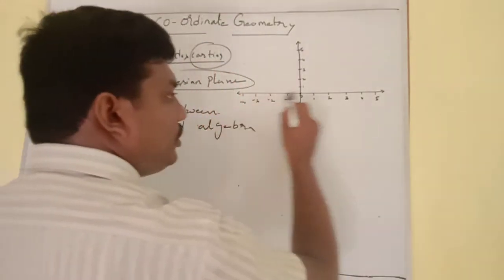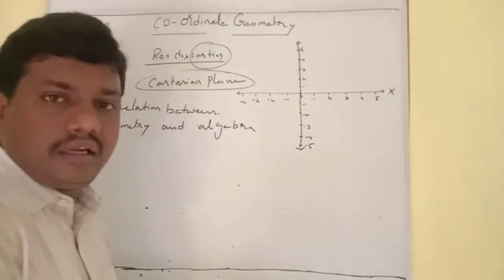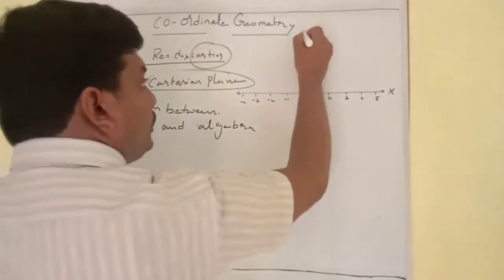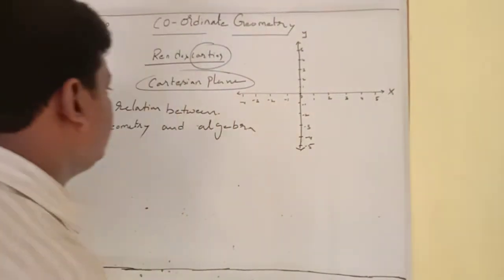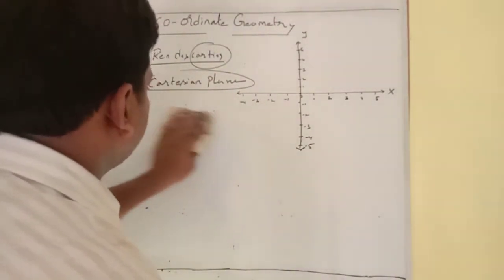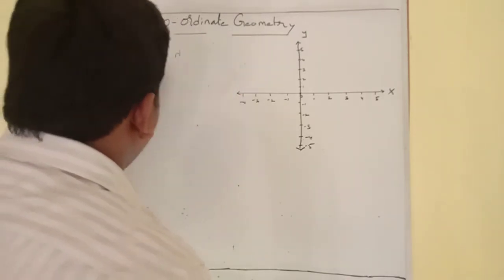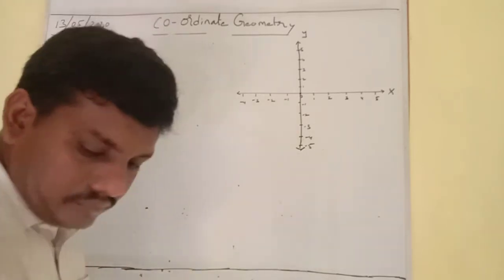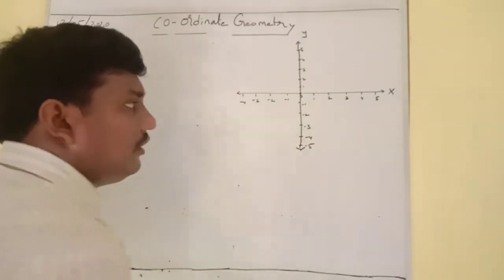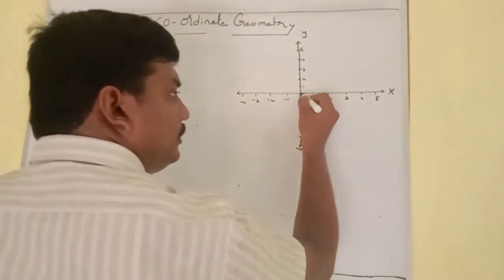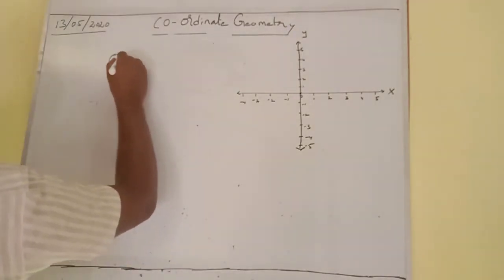The horizontal reference line is called the x-axis and the vertical reference line is called the y-axis. Where both reference lines meet at a point, that meeting point is called the origin.